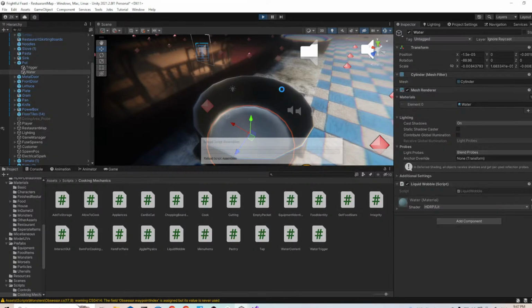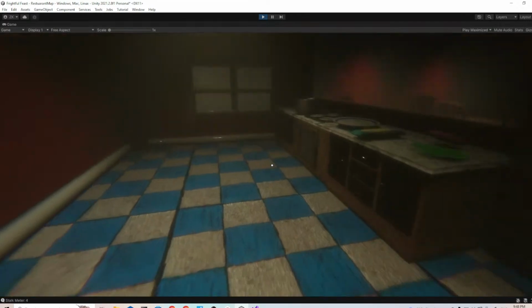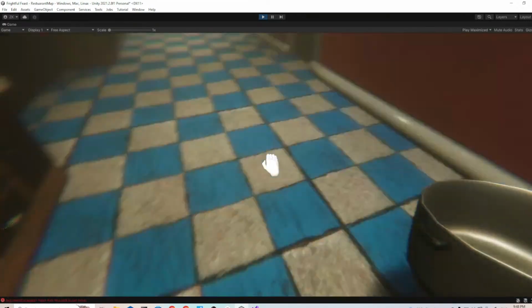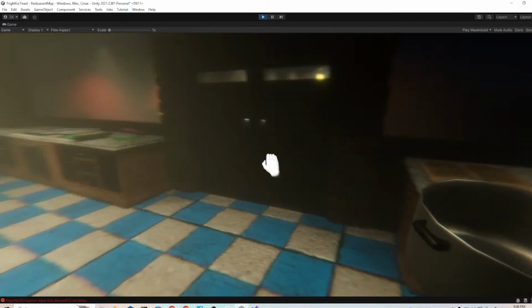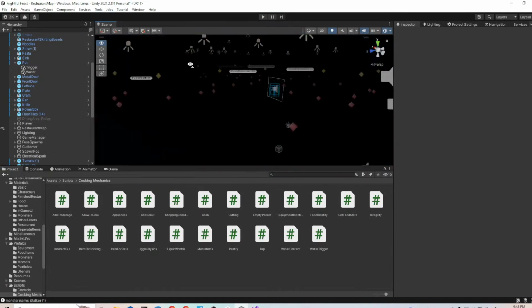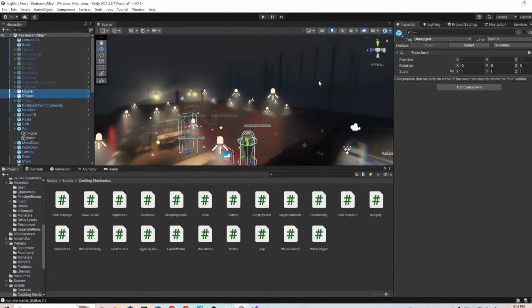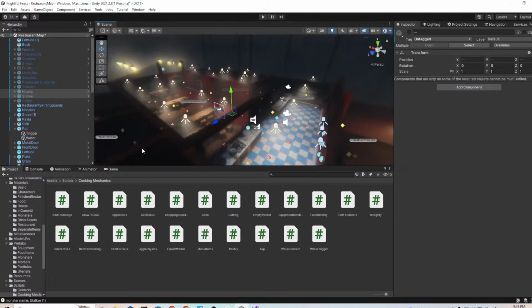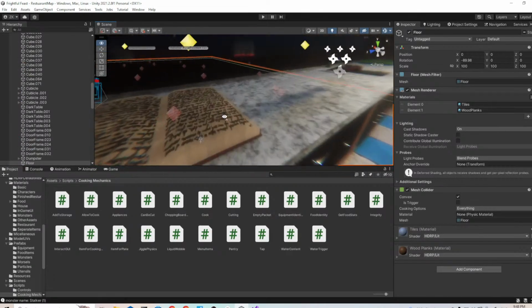Alright, we'll try it now. Oh, Jesus Christ. Whoops, I forgot to disable some of the monsters. Okay, we'll get rid of these two. Now it should all be nice and safe in our restaurant.